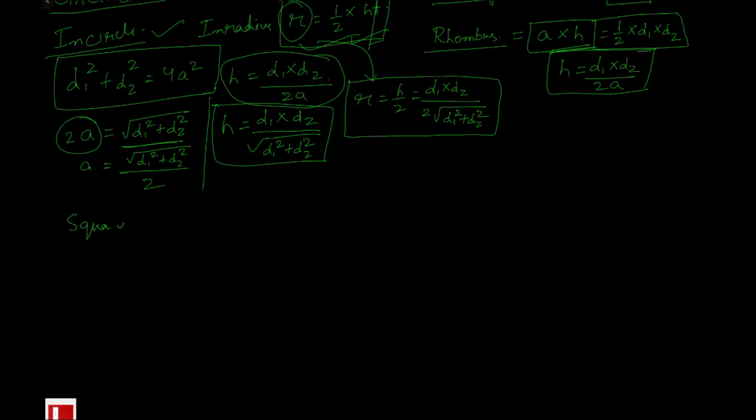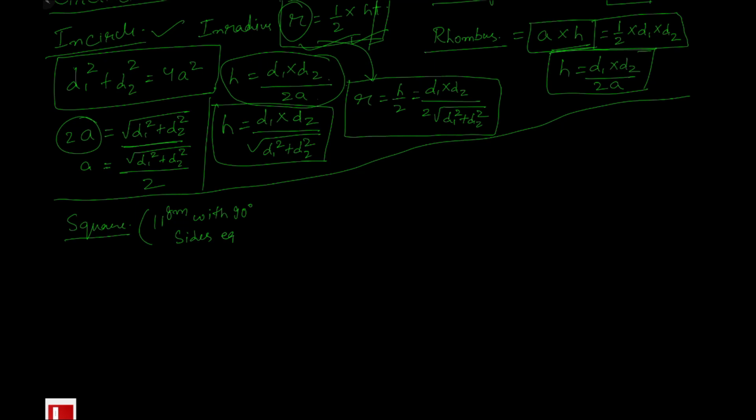Now we come to square. Now what is a square? Square is originally a parallelogram, right? In which all the angles are 90 degree and all the sides are equal. So basically it is a combination of rhombus and rectangle.